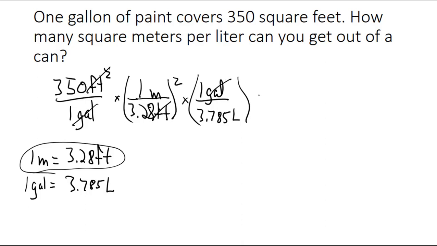And unit-wise, I'll be left with meters squared on top, and liters on the bottom. So I just need to do the arithmetic here, and I get 8.6 meters squared per liter. And I'm keeping just 2 significant figures here because I only have 2 for sure in the 350. So there's another one. That was kind of an interesting one.